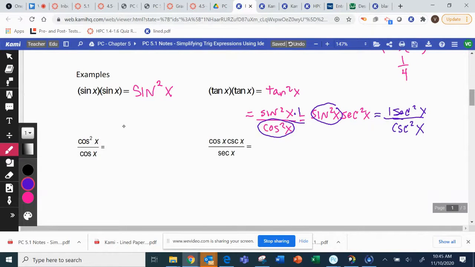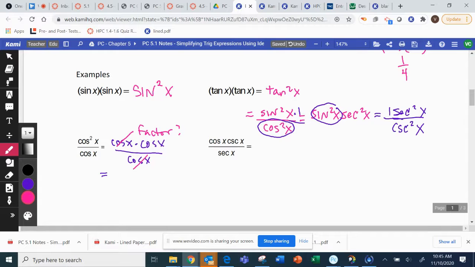cosine squared x over cosine x. This is the same thing as cosine x multiplied by cosine x over cosine x. The only way that you can cancel things out is if they can factor.